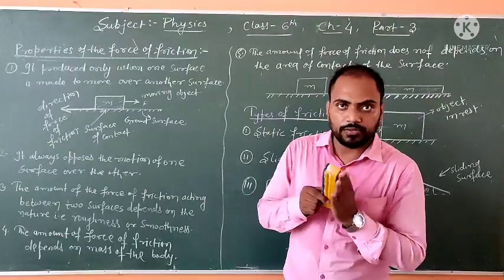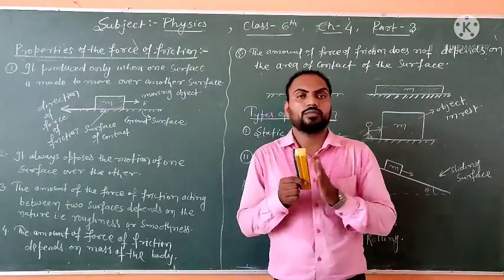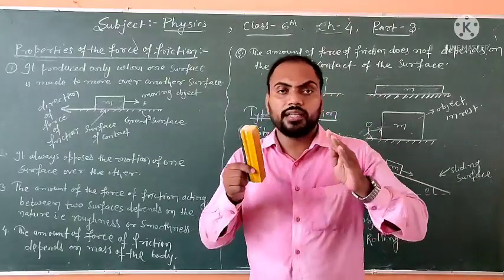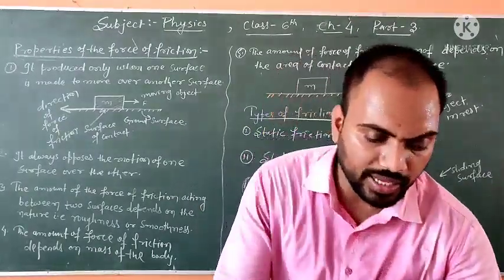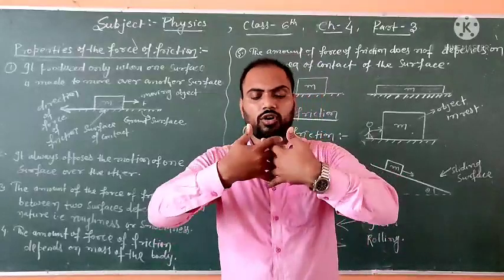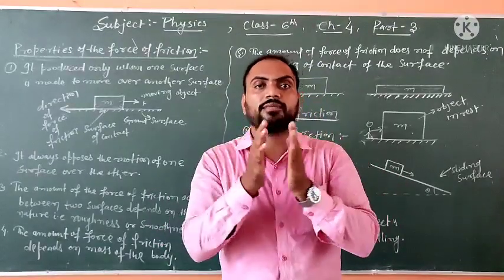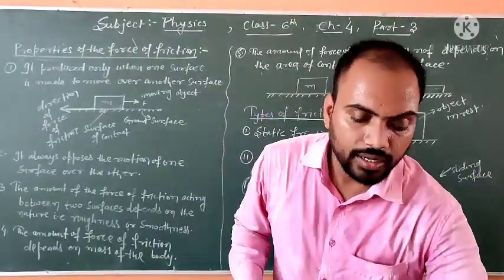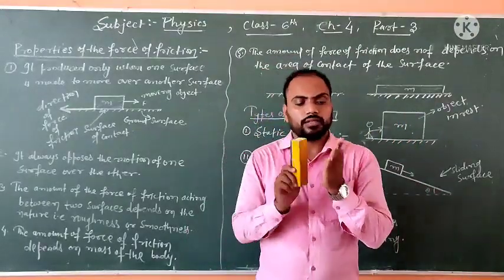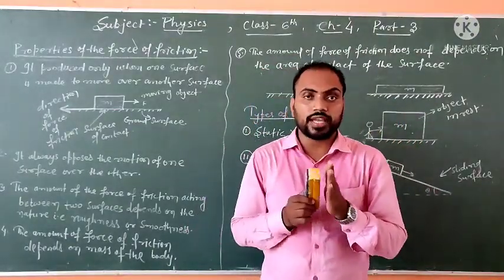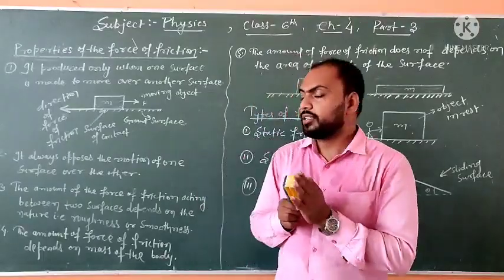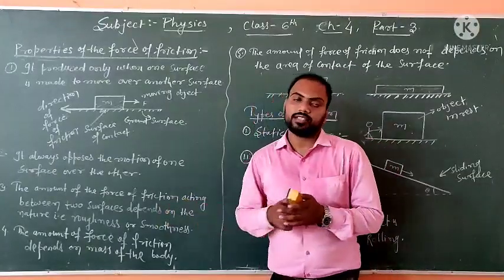If both surfaces are rough, they interlock. The gaps between the surfaces interlock, and there will be a large friction. Whereas if both are smooth surfaces, then there will be less friction.